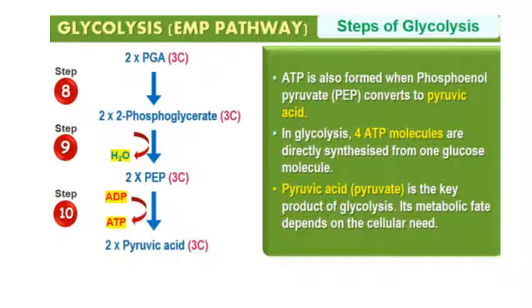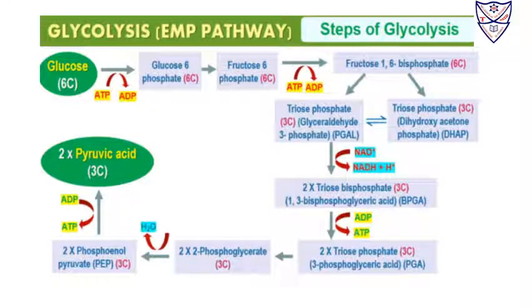So it can have different metabolic fates depending on the cell's need. So this is the entire glycolysis pathway. We start from glucose and we end up with pyruvic acid, which is a 3-carbon compound, and 4 ATP molecules, 2 here and 2 here, will be made during this process.